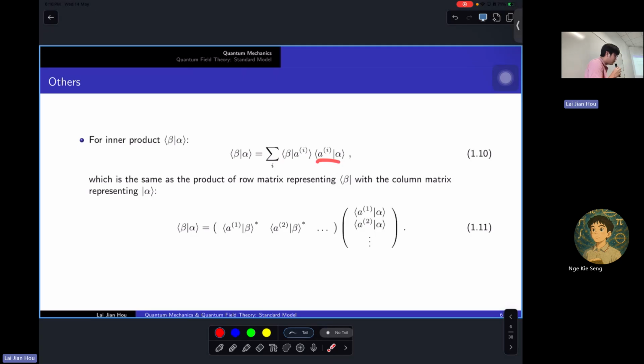And this one will be the column matrix. We run the index i here, and we interchange the inner product again using the skew symmetry, so we can see the inner product between alpha and beta is the multiplication of row matrices and column matrices.